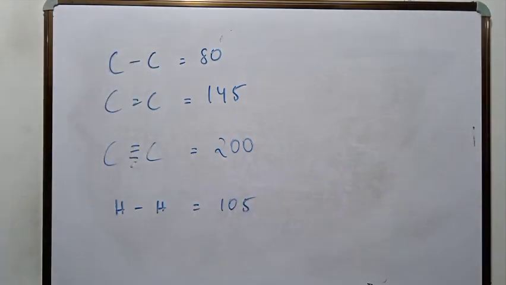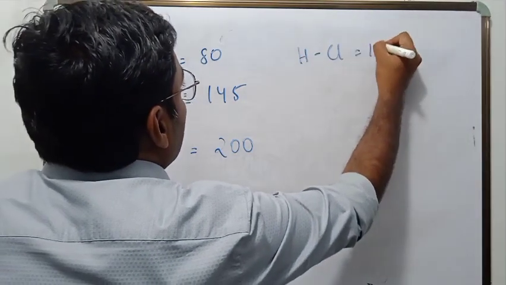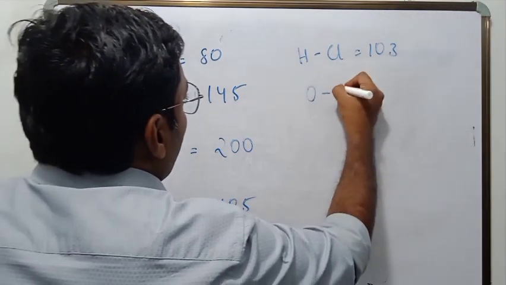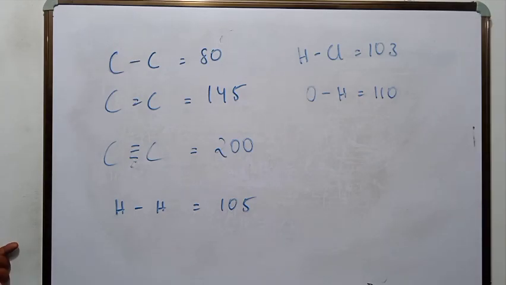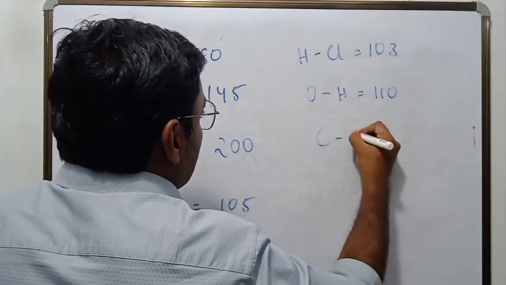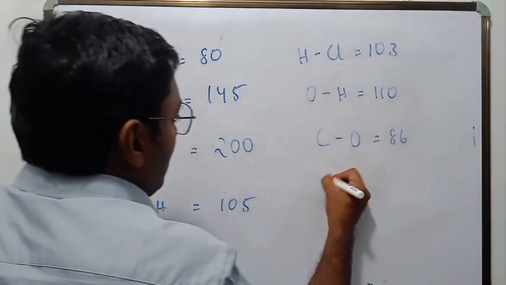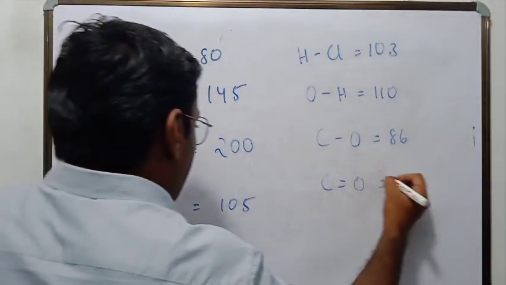The H-Cl bond has 103 kilocalorie per mole of energy. The O-H bond has 110 kilocalorie per mole. The C-O bond has 86 kilocalorie per mole, and the carbon double bond O has 190 kilocalorie per mole.